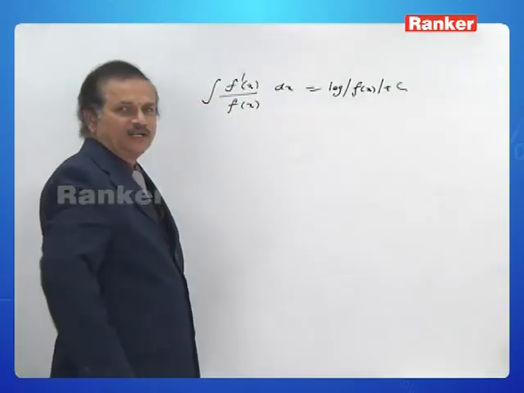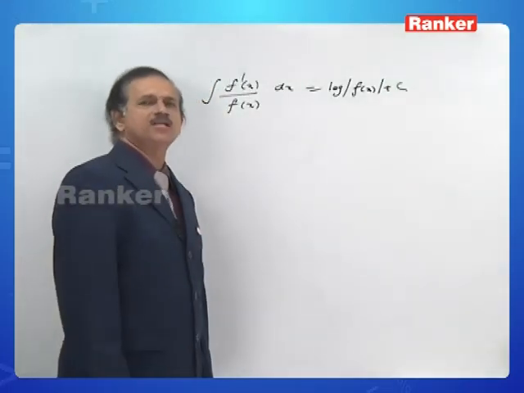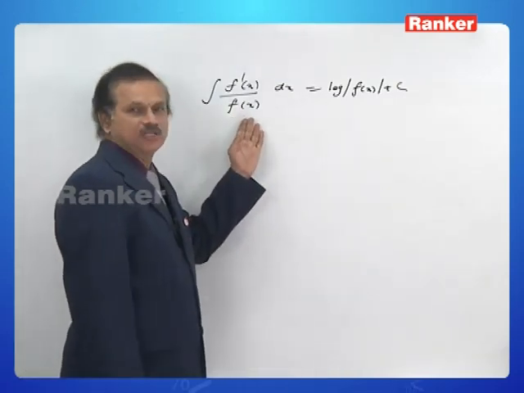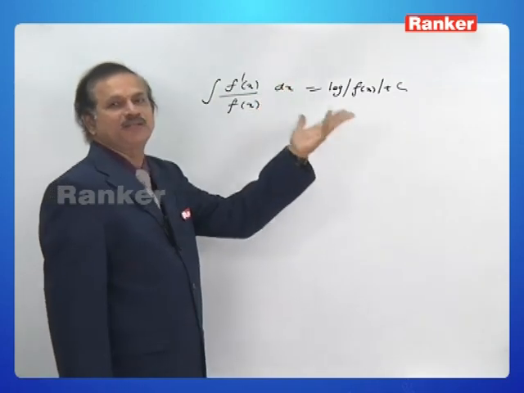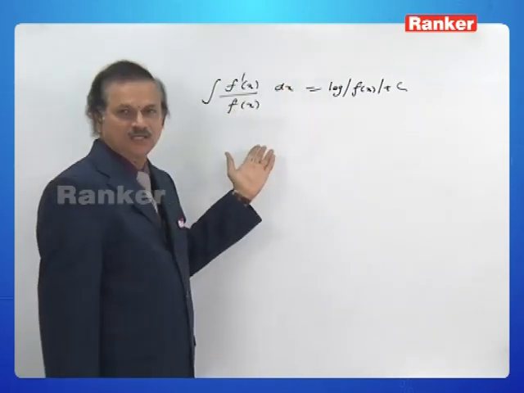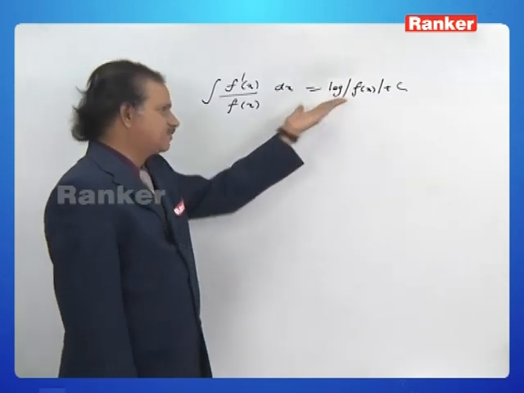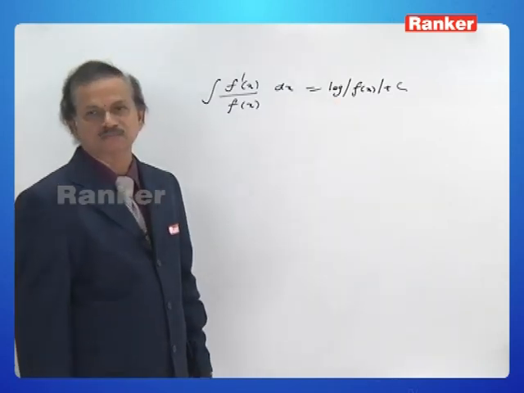Its validity, its proof can easily be understood on this part itself. Why? Because if you take f of x is equal to t, automatically f dash x dx becomes dt. It is dt by t. That is integral of 1 by t is log mod t, we know. And in the place of t we have log mod f of x plus c.